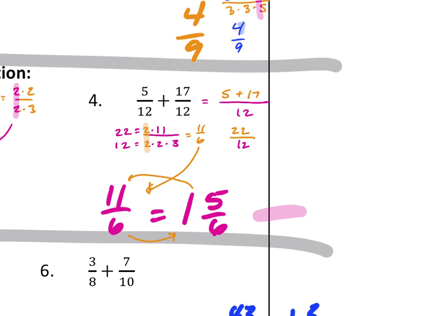Okay, so if you're confused on how to go from 11 sixths to 1 and 5 sixths, then one thing you might do is draw this out. You might need some extra room for this somewhere, but this would be where you draw this in your learning journal.